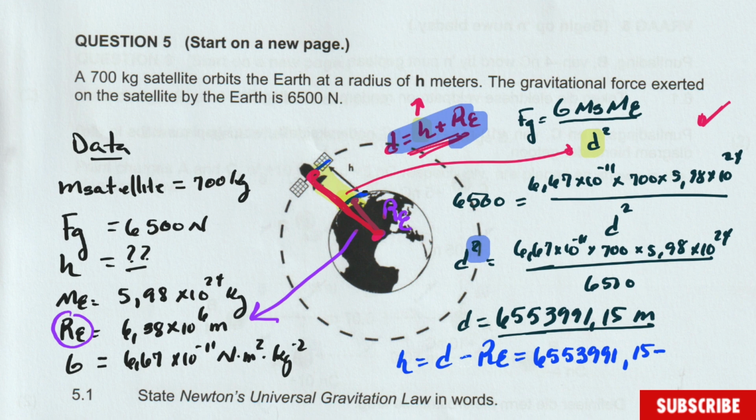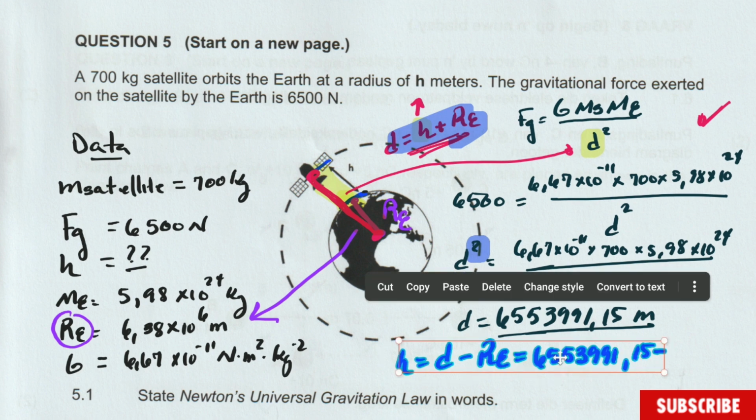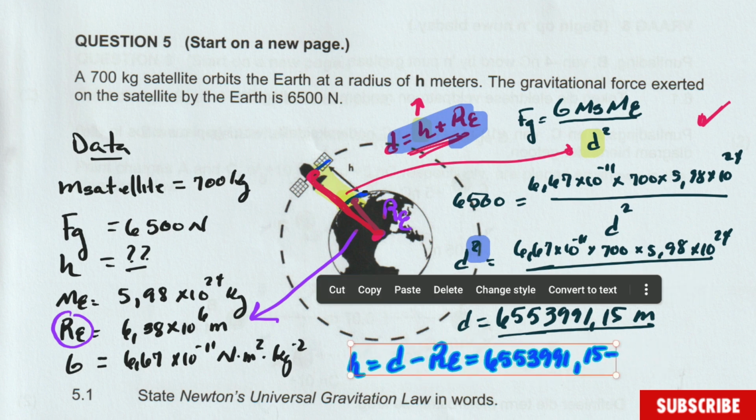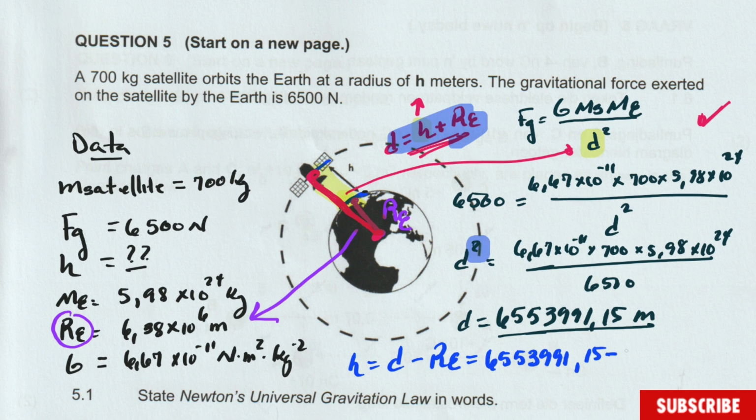Let's just quickly move this one a little bit because it's not going to be enough space. There we go. So now we can go there, minus the radius of the Earth, which is 6,38, is 8, not a 6, 8 times 10 to the 6. Then the height that you're looking for is equal to 17,173,000.